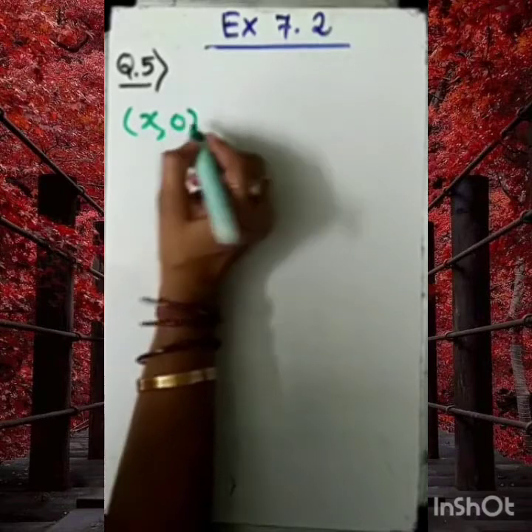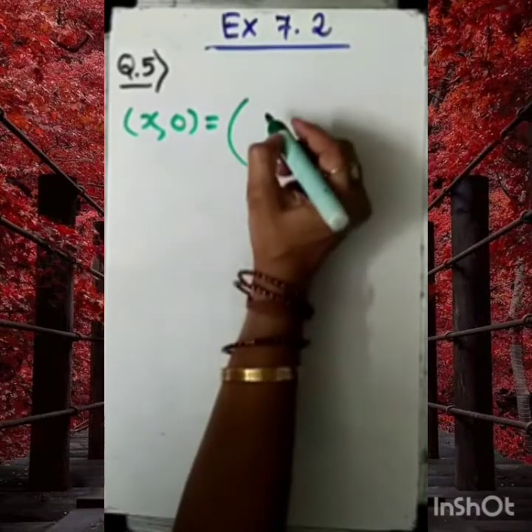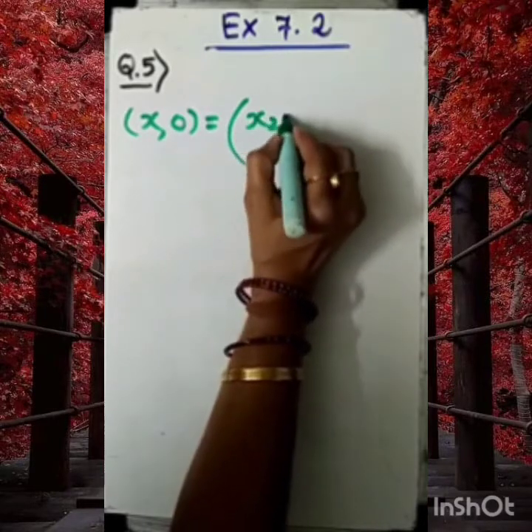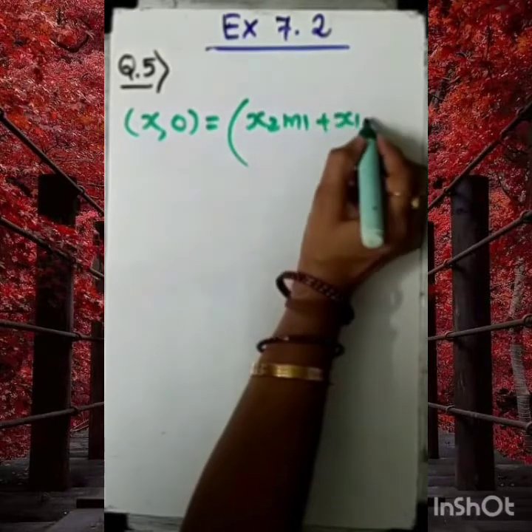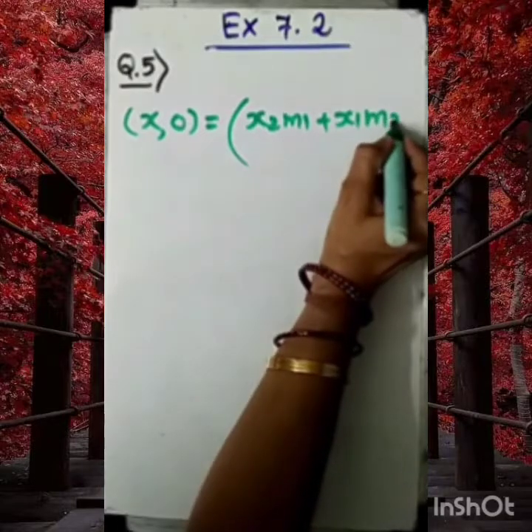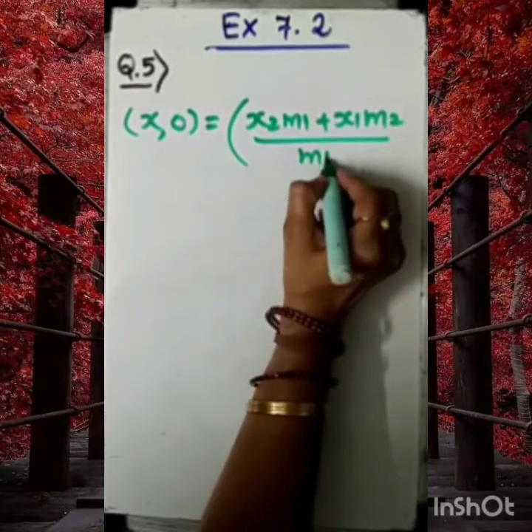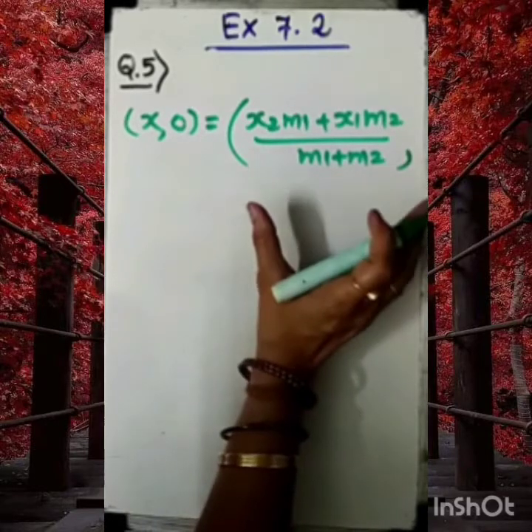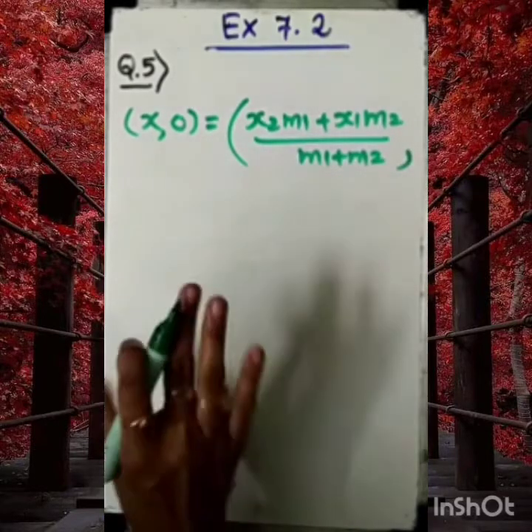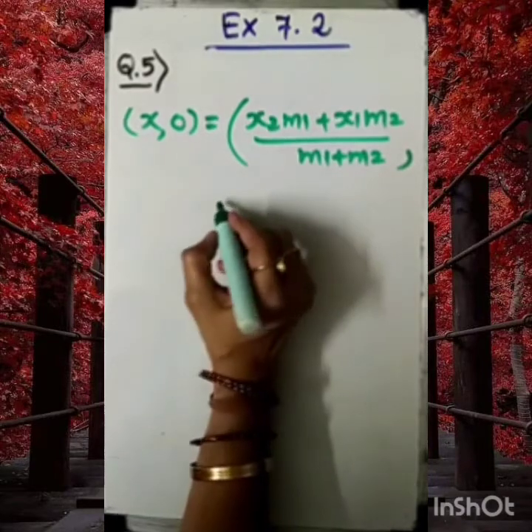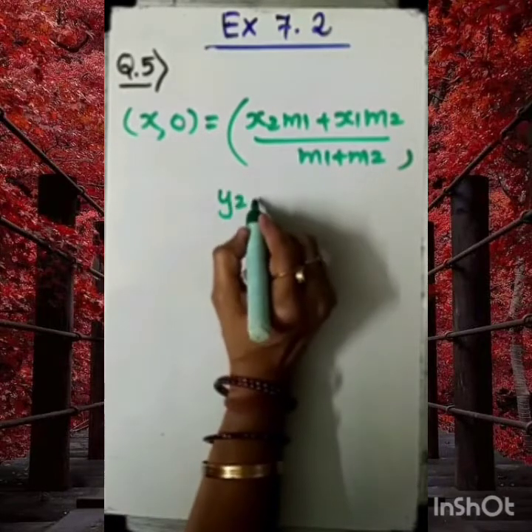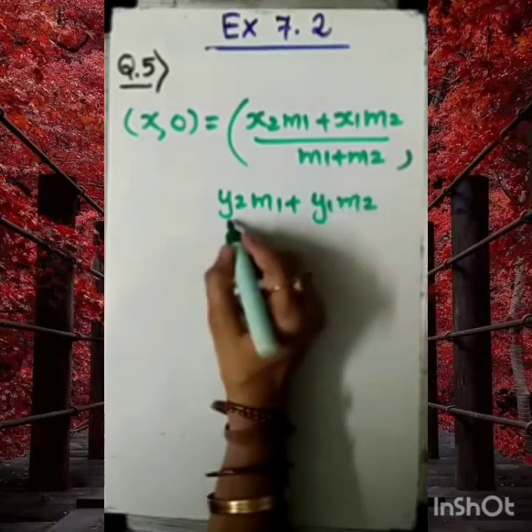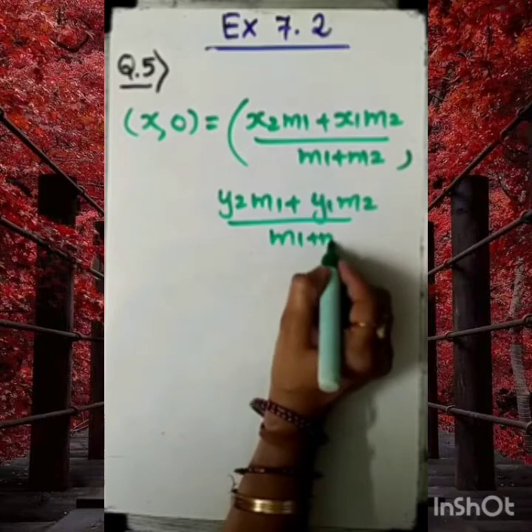So we need to compare the result. x, 0 is equal to, now here the formula which you know very well, (x2 m1 plus x1 m2) divided by (m1 plus m2), comma, here we are choosing both, but if you solve at least one, you will also get the same value. So (x2 m1 plus x1 m2) upon (m1 plus m2), (y2 m1 plus y1 m2) upon (m1 plus m2).